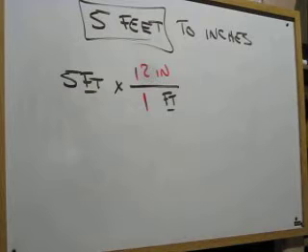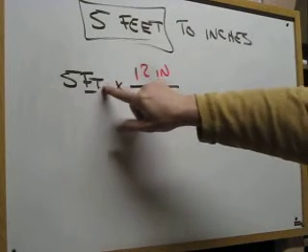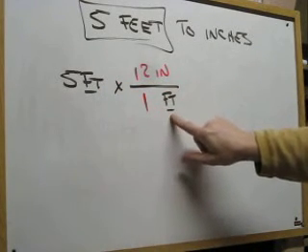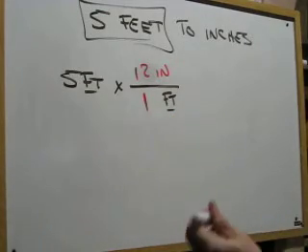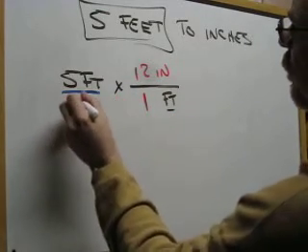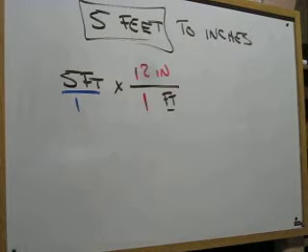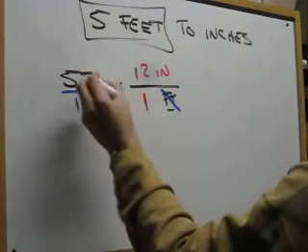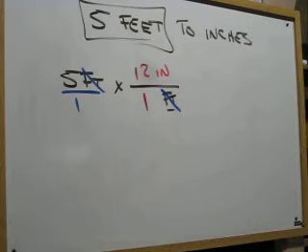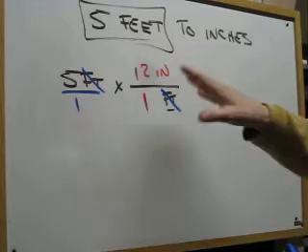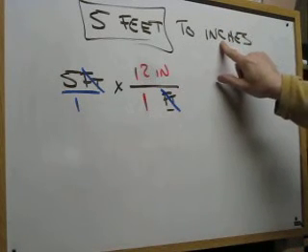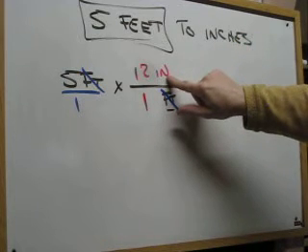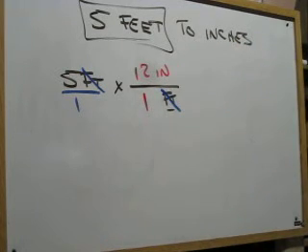Now, one of the things I want you to look at here is you have a foot up here and a foot down here. Because this is actually 5/1 if you were to write it fractionally, whenever you have a unit of measure in the numerator and that same unit of measure in the denominator, you can cancel them. That means we're done dealing with feet. And at the end, when we have what we're looking for and it's not canceled, we know to stop.